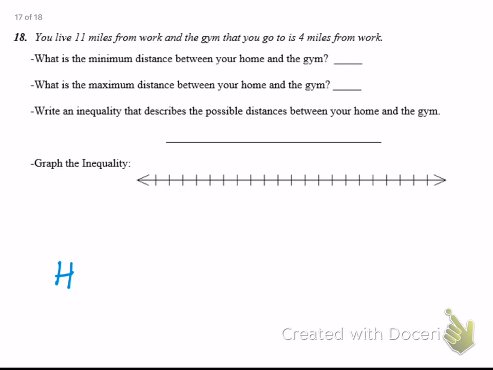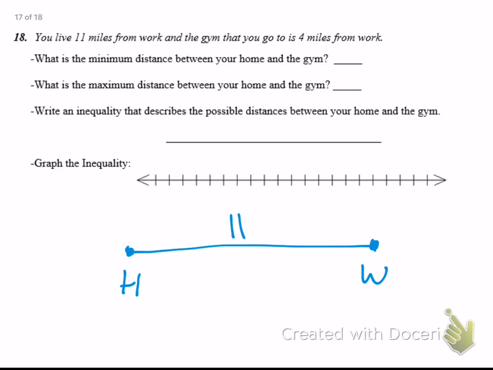If this is our home, well, let's move that over a bit. We work 11 miles away. So here's work. We know that's 11. The gym is 4 miles from work.